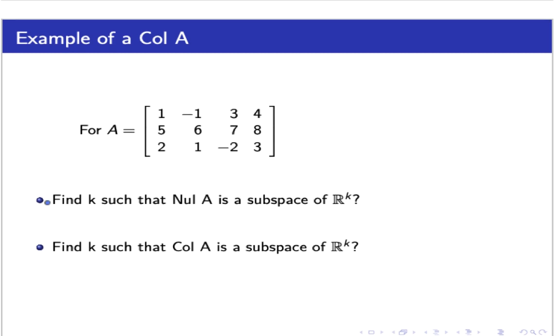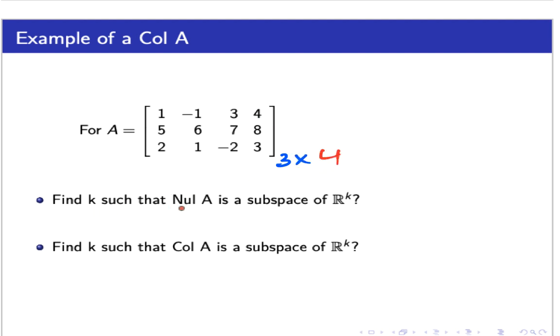Given a matrix A, find k such that the null space of A is a subspace of R^k. Now, the first thing you need to do, whenever you're given a matrix, guys, is write down the size. The size of this matrix is 3 by 4.